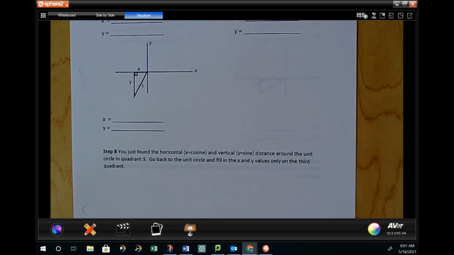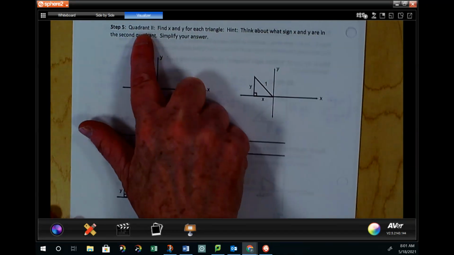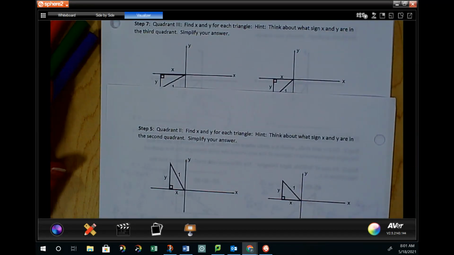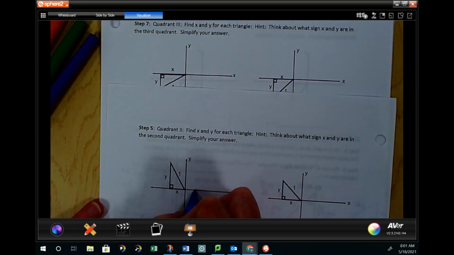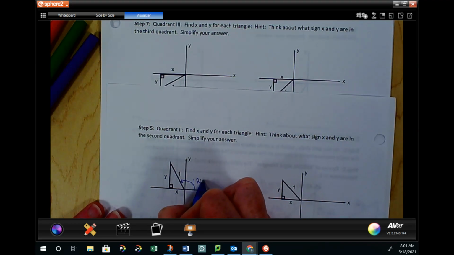In this case, now we're going to do quadrant 2. When we look at quadrant 2, I'm going to go all the way around, and this ends up being 120.